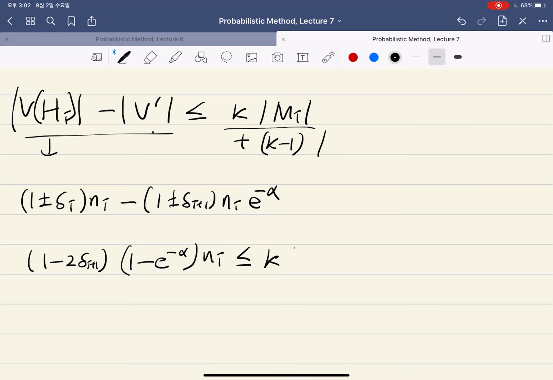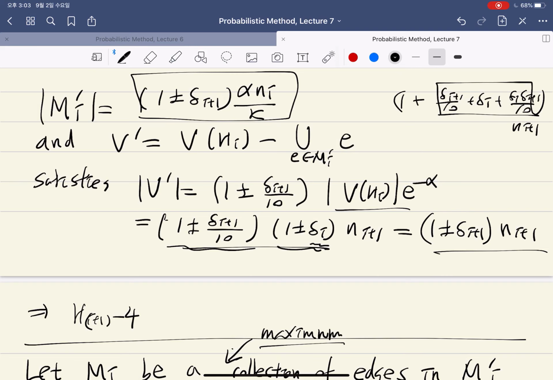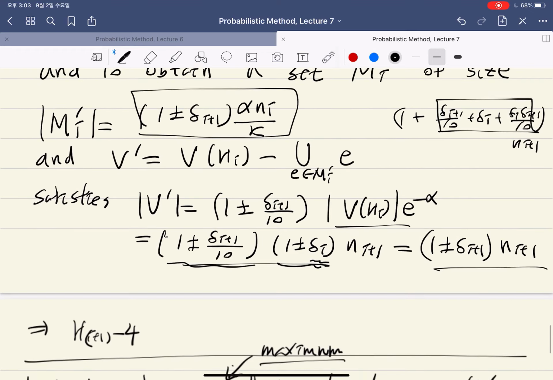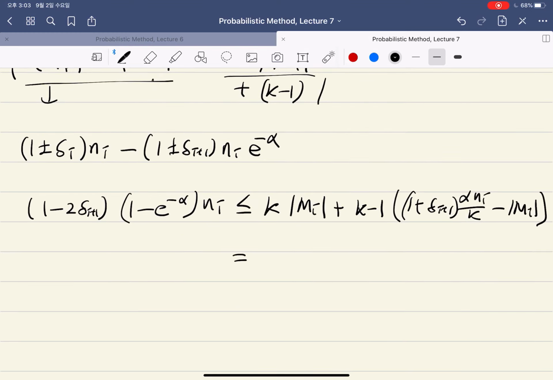So this is k times mi plus k minus 1 times, as an upper bound, 1 plus delta I plus 1 times alpha ni over k minus mi, which gives us mi plus k over k minus 1 times 1 plus delta I plus 1 times alpha ni over k.